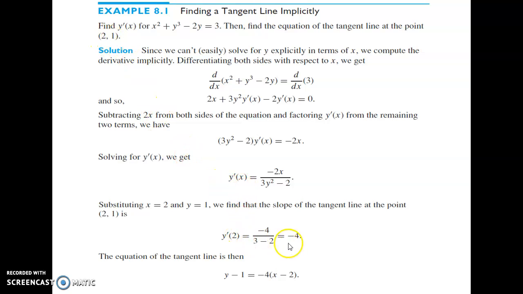Then I get the slope at the point (2, 1), which is minus 4. Then I use the formula y is equal to slope times x minus this value, plus f of 2, that is 1. On the right you have a plus 1, so that has been brought to the left, and it becomes minus 1. So this is the equation of the tangent line.